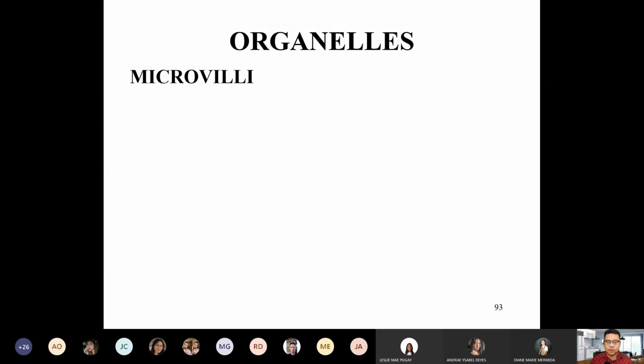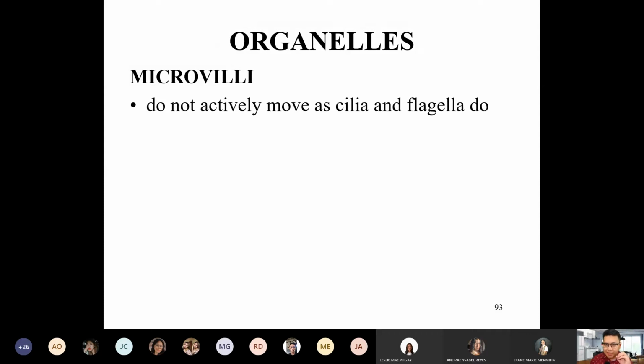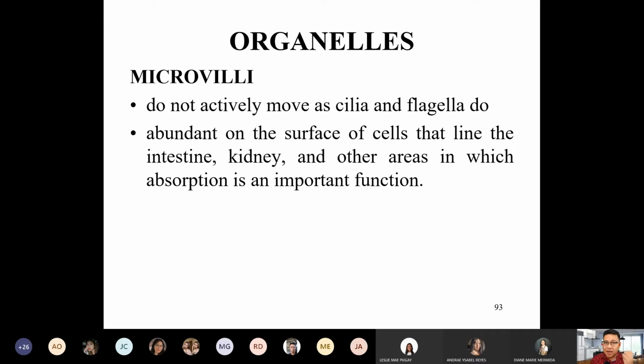Next, we have your microvilli. They look like cilia but are much smaller. Kaya po microvilli. They cannot move the cell, and they are primarily there to increase surface area, to increase absorption.